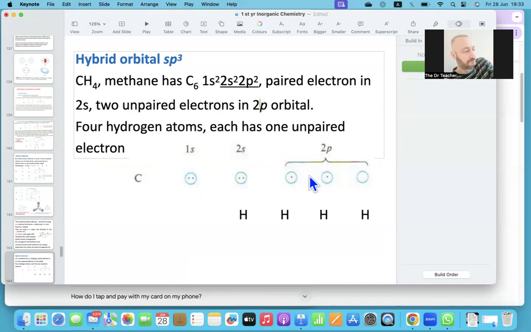So now in this case, 1 electron from the 2s will be promoted to the empty orbital to leave 4 single electrons: 1 in s, 1 in p, 1 in p, 1 in p. So I have s, p, p, p, combined together to be sp3.